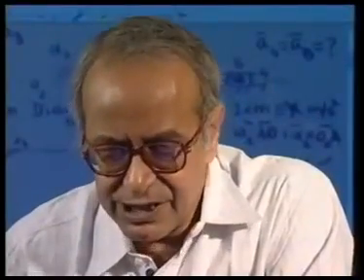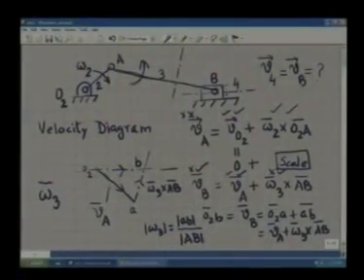I would like to point out certain special features. Going back to the velocity diagram, we start the diagram from the input end, which is the link 2. I start with the point O2. This point is called the pole of the diagram.